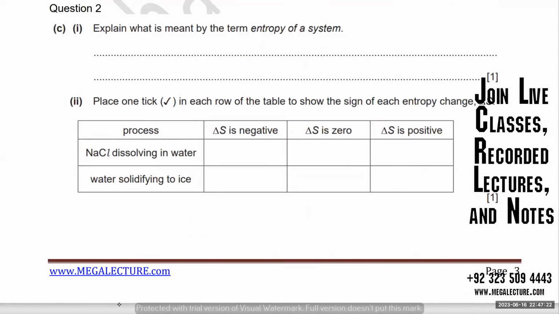What's meant by the entropy of a system? That's the measure of disorder of a system. That's it. NaCl dissolving in water, what is that? Positive. Okay, that's positive, and why? Because it's changing from solid to aqueous.